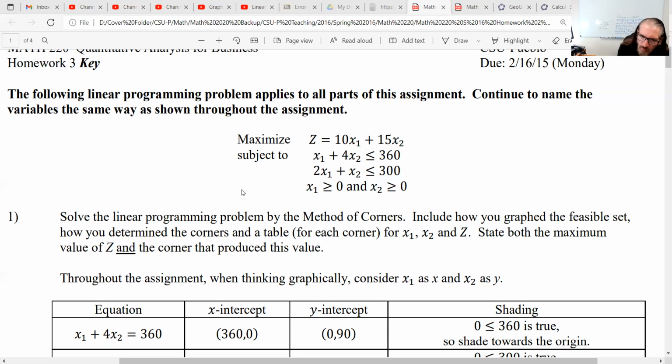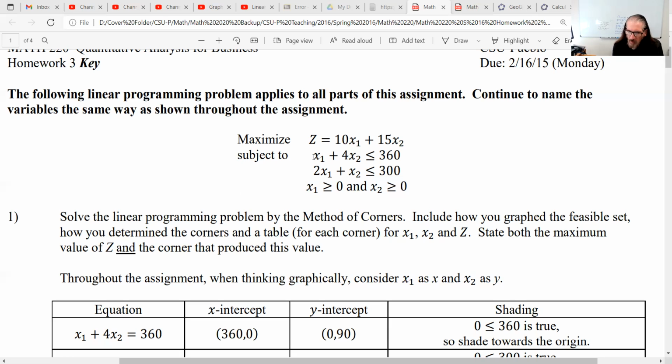First of all, taking a look at the quote regular constraints here, if you think of x sub 1 as just x and x sub 2 as y, you could rewrite that first one by subtracting x sub 1 and then dividing by 4.